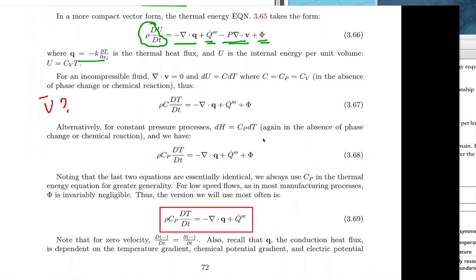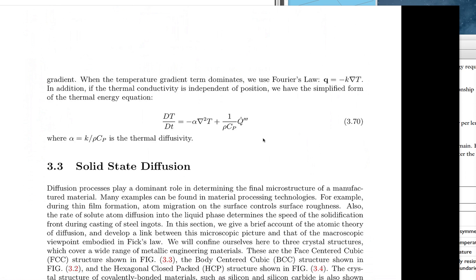Let's just continue here and see that if the temperature gradient term dominates, and we use Fourier's law, given here, then we essentially have an equation that represents transient heat conduction, where capital D by Dt is the material derivative, and on the left hand side you have minus alpha, where alpha is the thermal diffusivity, K over rho C_P, and the heat generated inside the material is scaled by rho times C_P in the equation.